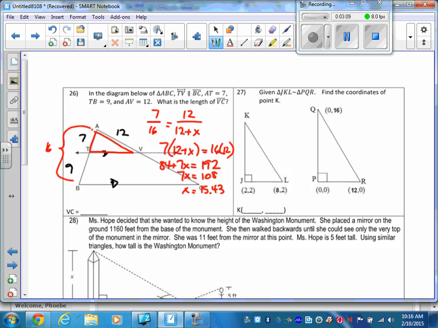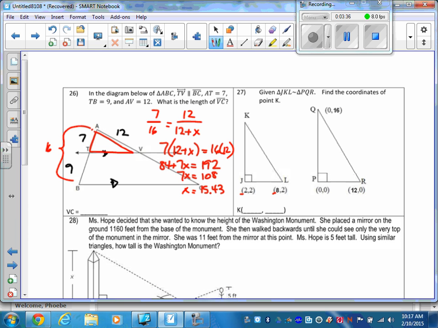All right, number 27. Find the coordinates of point K. So notice that they've given coordinates here. Well, the very first thing that I'm going to do is to figure out the lengths. So these are both on 2, so it's up 2. So what's the distance from 2 to 8? I could use the distance formula, but in this case, it's almost easier to count.